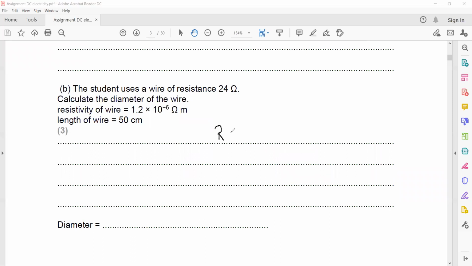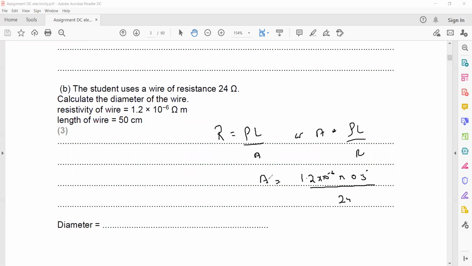We have the formula resistance R equals rho L by A. So the area is equal to rho L divided by R. Rho is the resistivity, 1.2 × 10^-6, L is the length, 50 centimeter or 0.5 meter, divided by the resistance, which is 24.